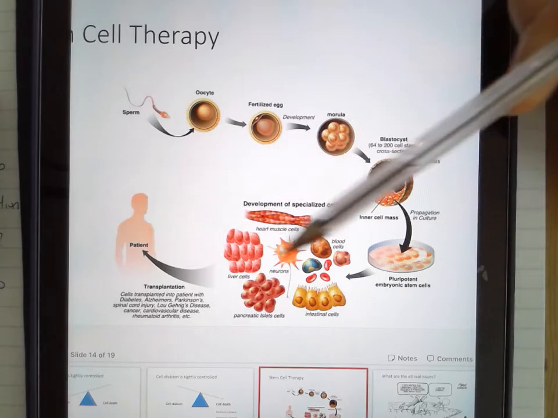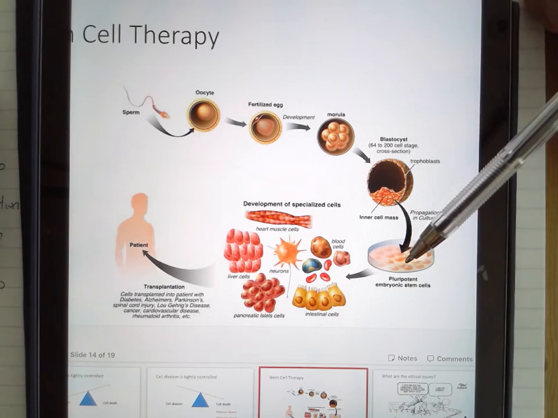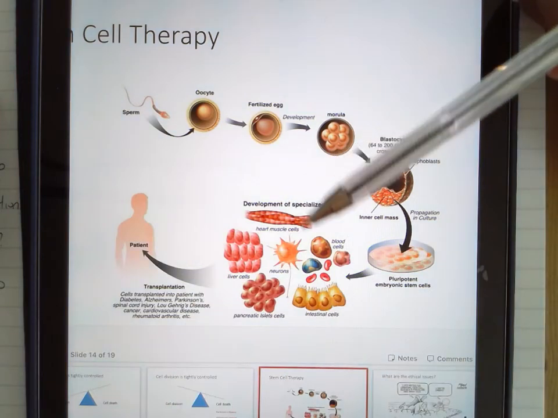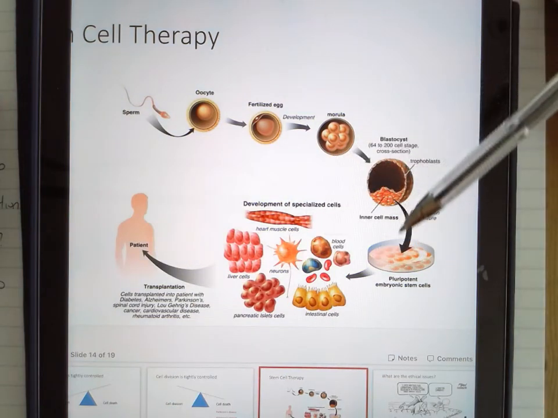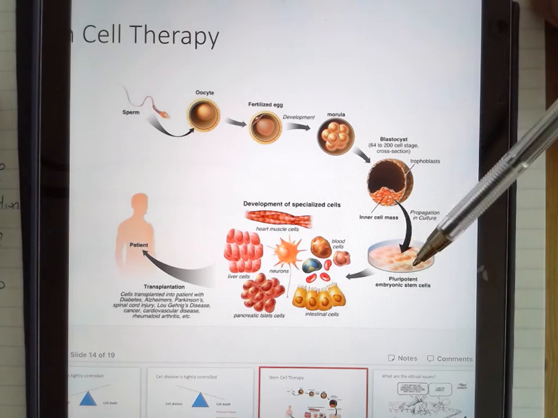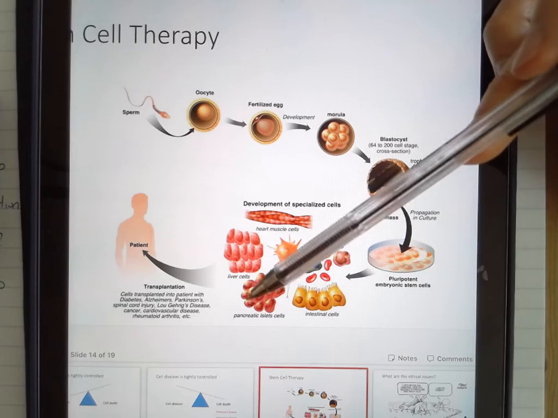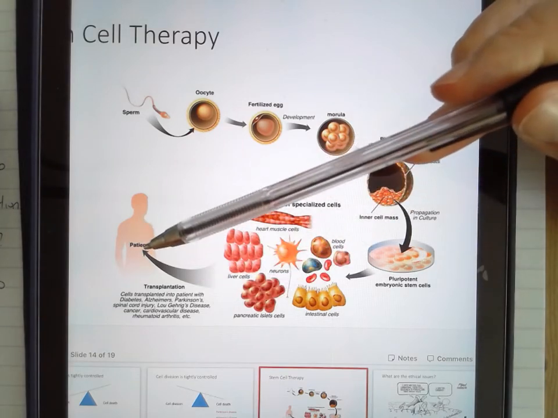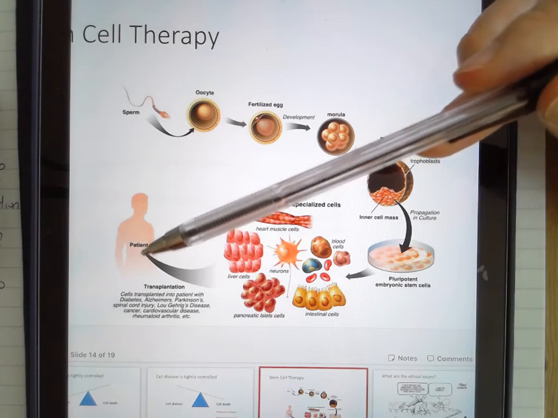Okay? You could have a patient with diabetes. And in diabetes, it's your pancreas that is affected. So you've got your embryonic stem cells. So you take them from an embryo, you're growing your embryonic stem cells. Then you give your embryonic stem cells certain signals, and then they turn into the pancreatic cells, which can then be transplanted back into the patient.